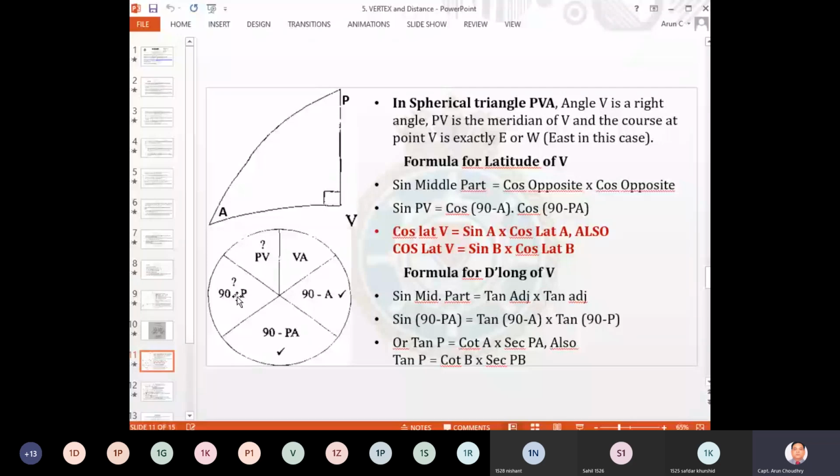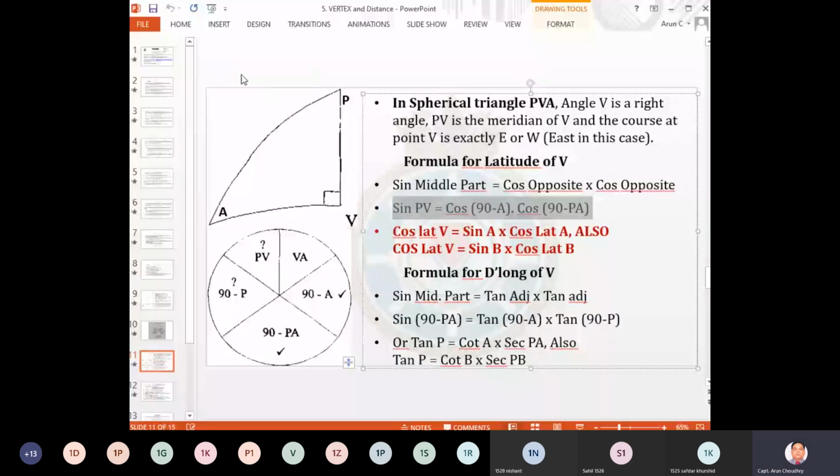You don't have to remember many things, and if your basics are clear, for sure your answers will be correct. Now, if we make this the middle part, the sine of PV will be equal to cos of 90 minus PA multiplied by cos of 90 minus A.